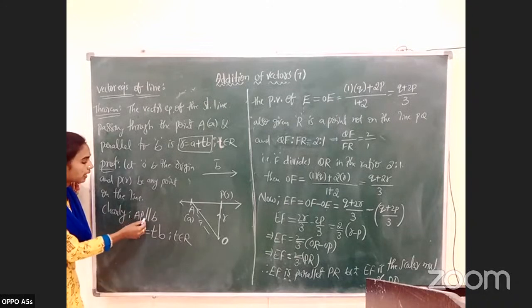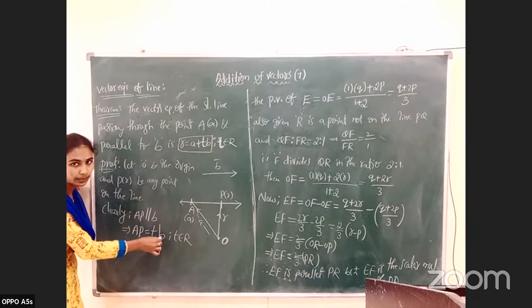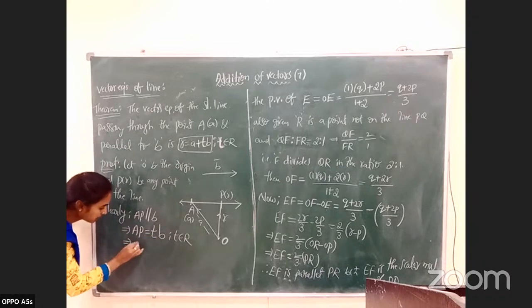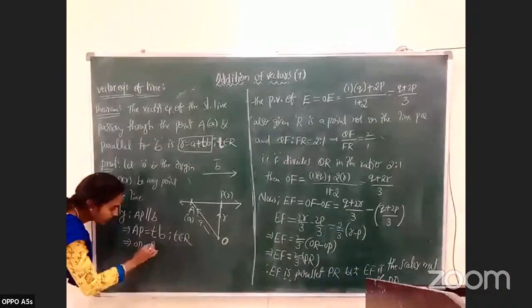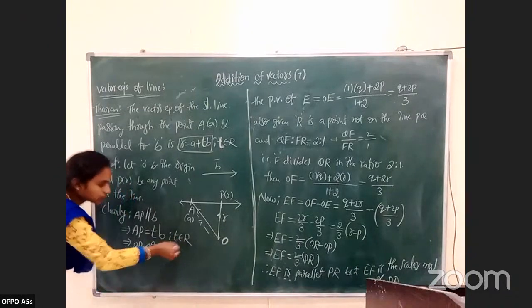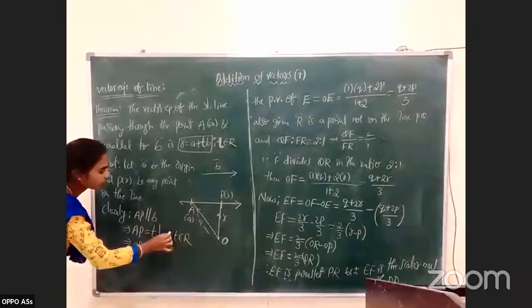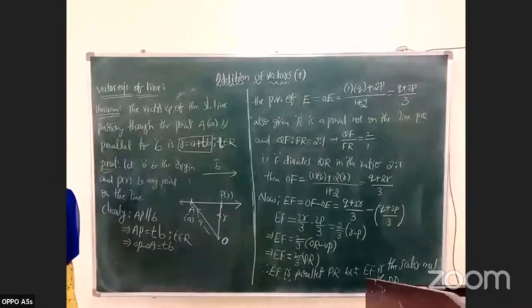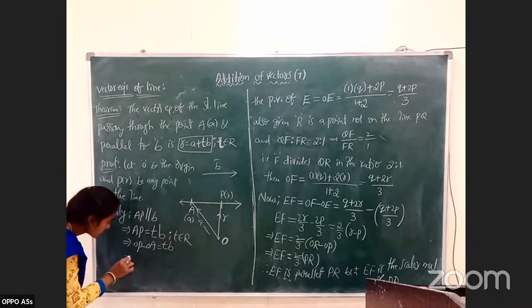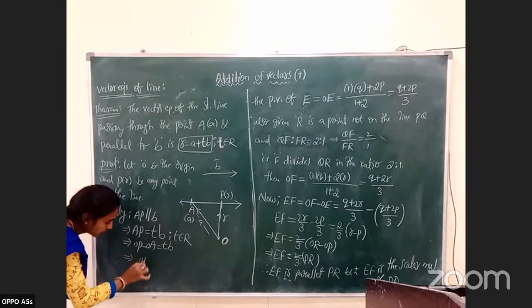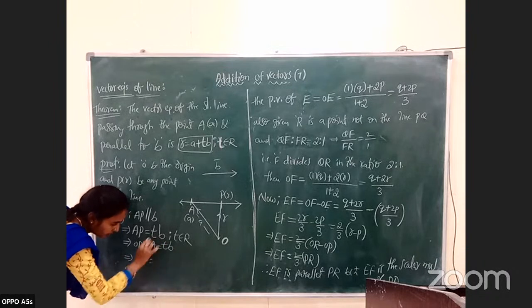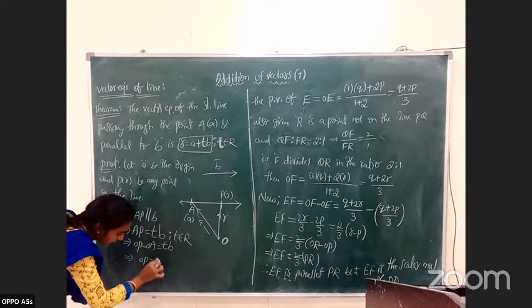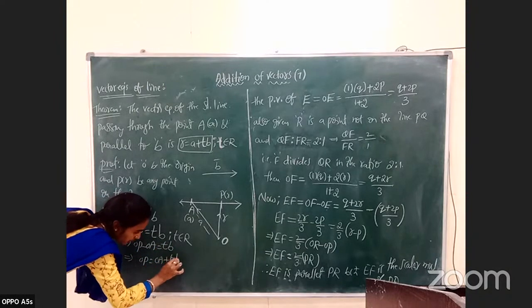So AP is parallel to B, so AP can be written as the scalar multiple of B. AP is nothing but OP minus OA, which equals TB, where T belongs to R. This is a must. So that implies OP equals, when we transfer OA to this side, OA plus TB.